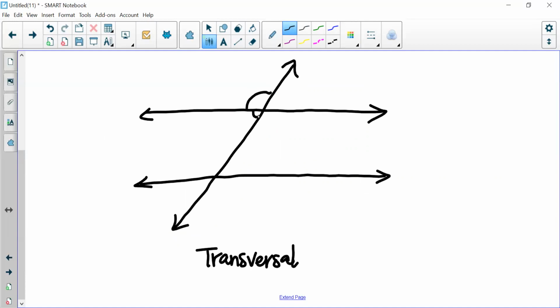And y'all know mine is not going to be drawn to scale. The shade is monumental, I see. I'm glad I'm not sensitive. All right. Okay.